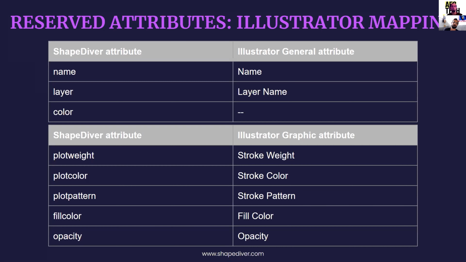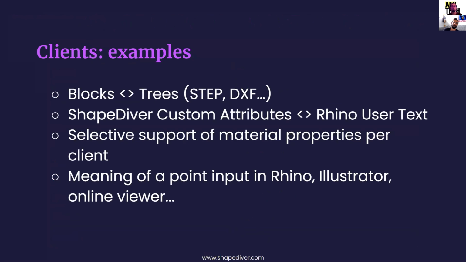And the rest of the attributes are custom, essentially, right? So in Grasshopper you can read and store any key value pair that is added to enrich any type of data that is supported in Grasshopper. And for those custom attributes, clients also have a way to decide what they're going to do with them.